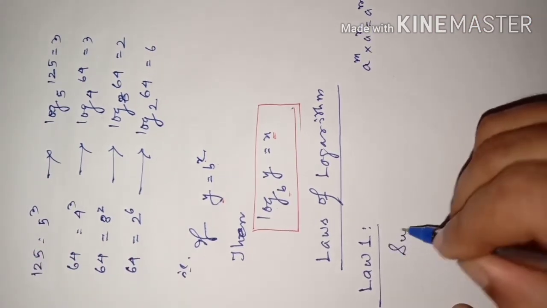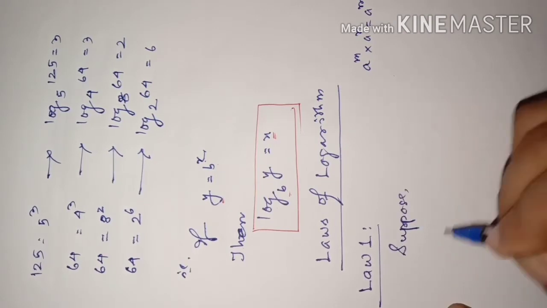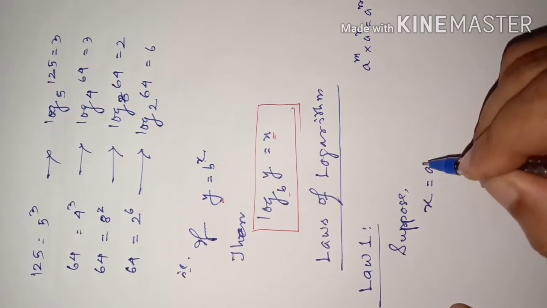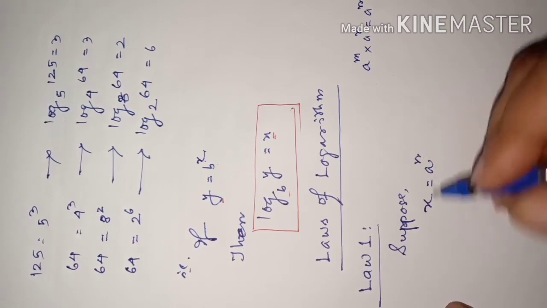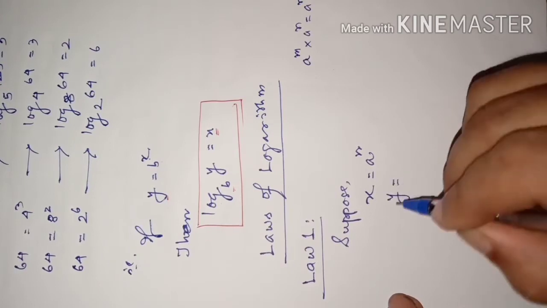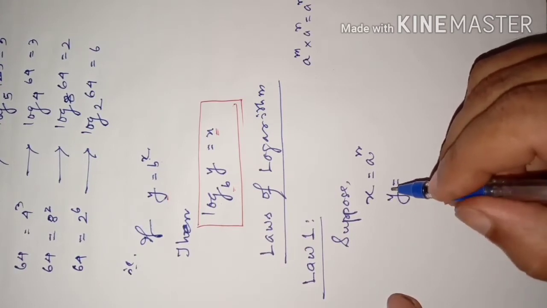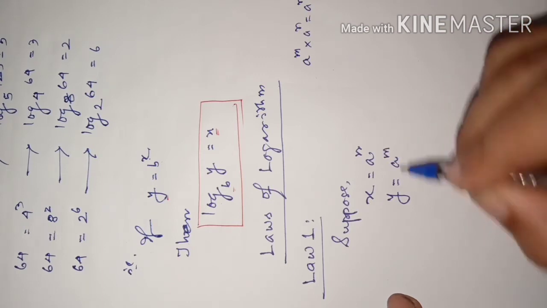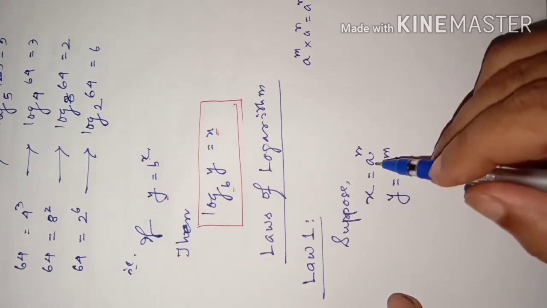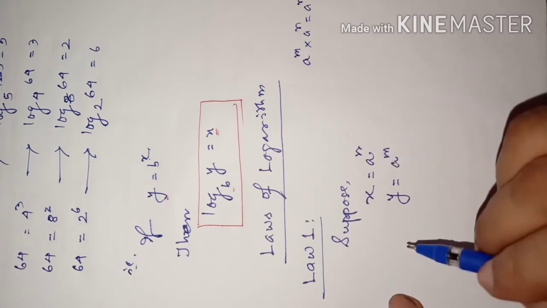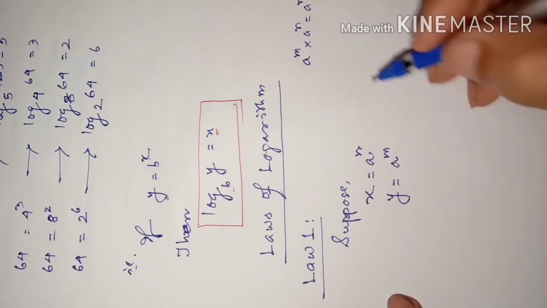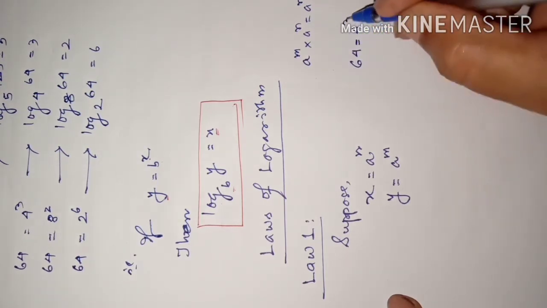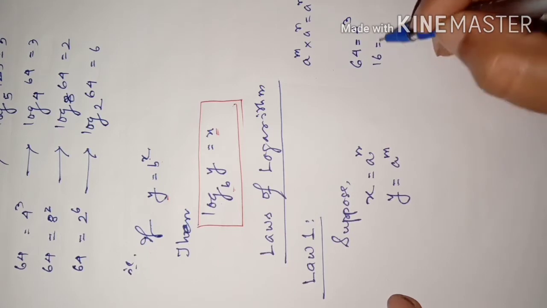Suppose x is a number which can be written as a to the power of n, and y also can be written as a to the power of m. x and y can be written with the same base with different exponents. Like say 64 is a number which can be written as 4 cube. Again 16 also is a number which can be written as 4 square.